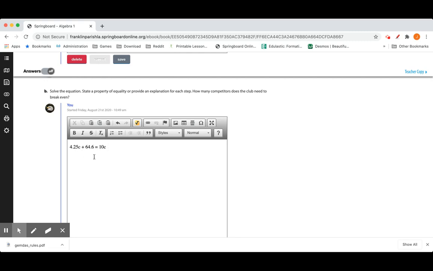So I will start by subtracting 4.25c from both sides to get rid of it on this first side.